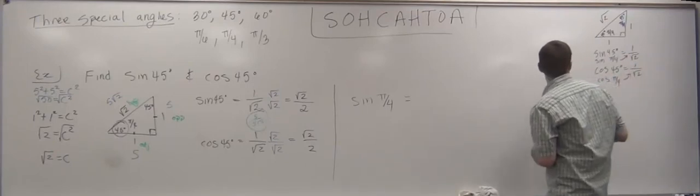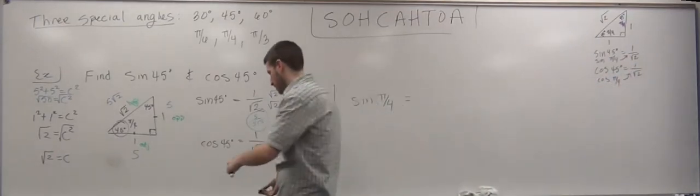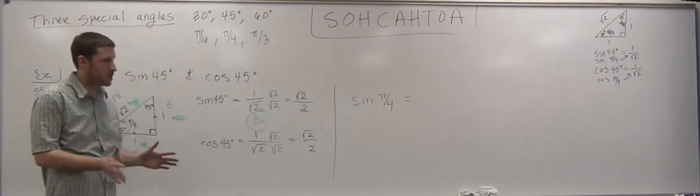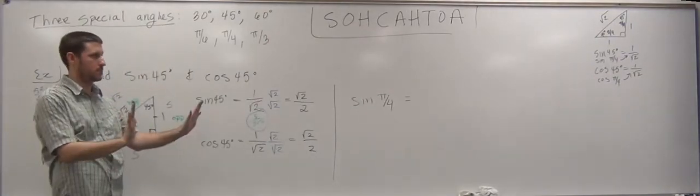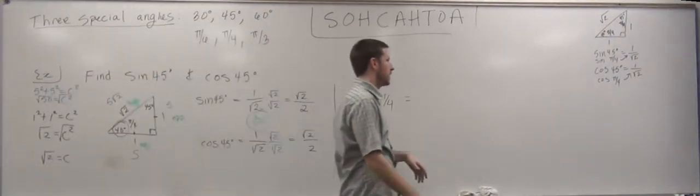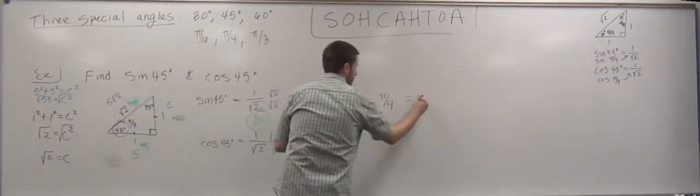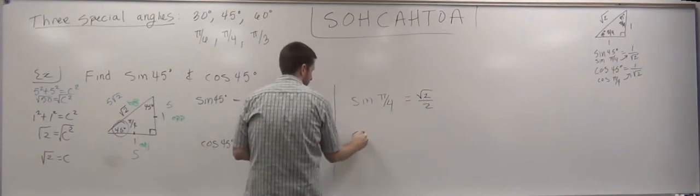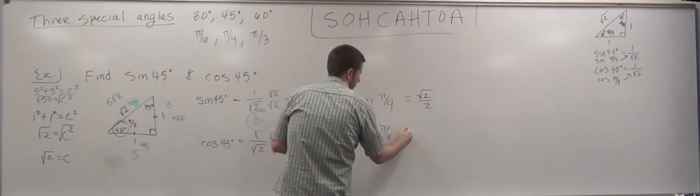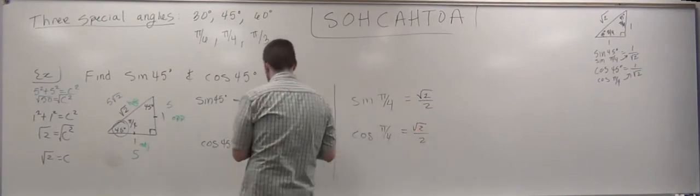Cosine of pi over 4. Good? So I didn't write it here because I wrote it over there, but sine of pi over 4 is root 2 over 2.